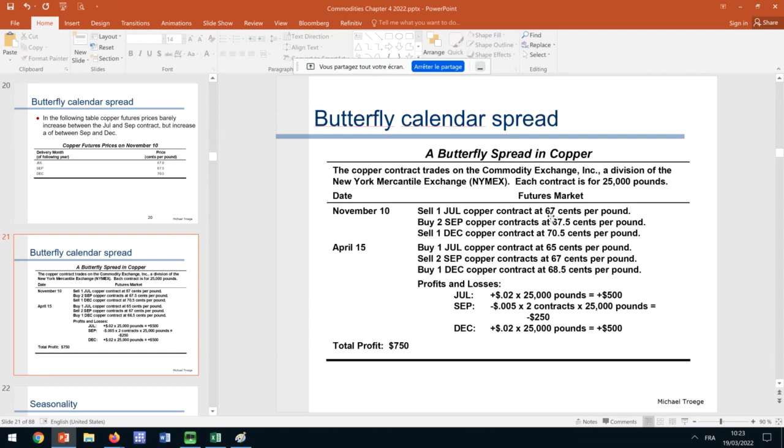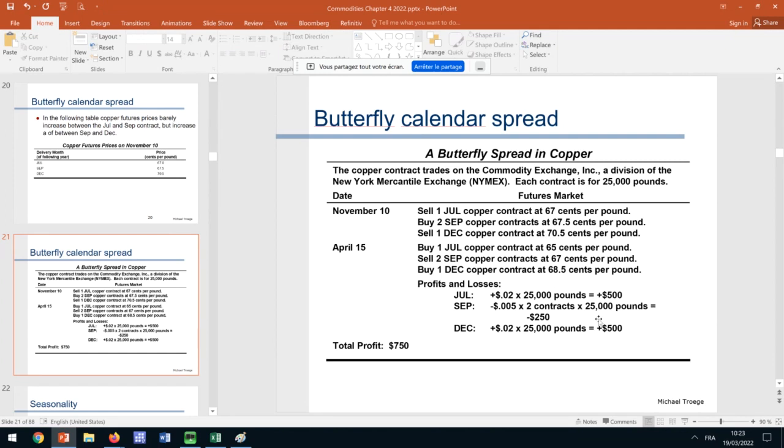The July contract has decreased in value. The September contract has almost remained the same, and the December contract has also decreased in value, but by much less than the July contract. So now we have a more regular increase of the future prices over time.